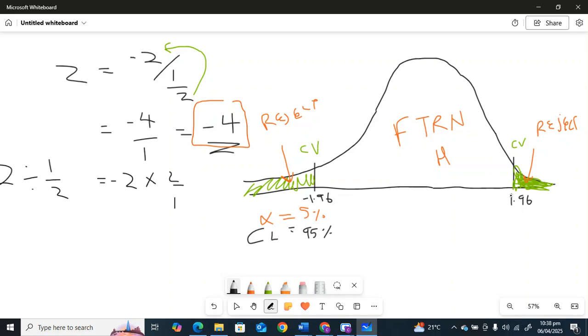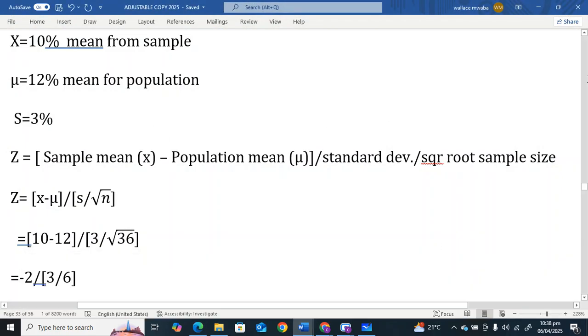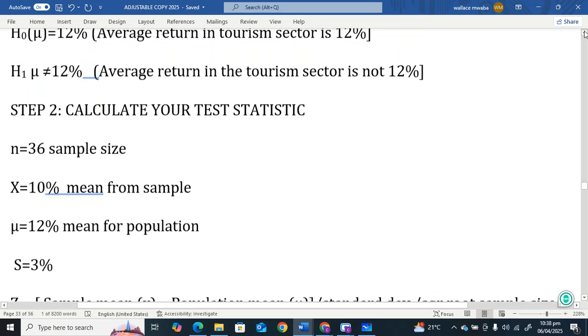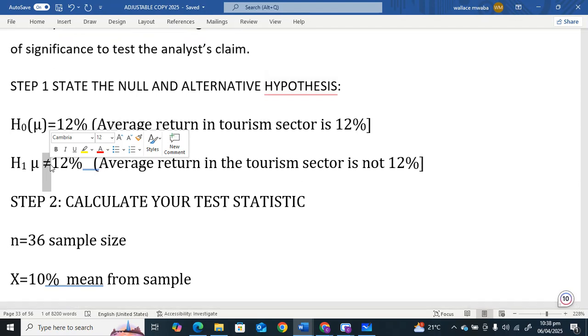The reason why we have these two critical values is because of this in the alternative hypothesis. In our alternative hypothesis, we said that our average return is not 12%. So it can be higher or it can be lower.